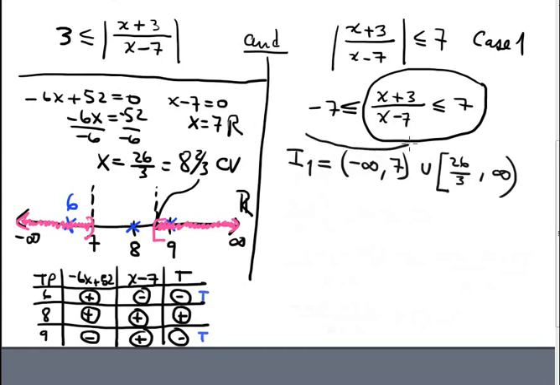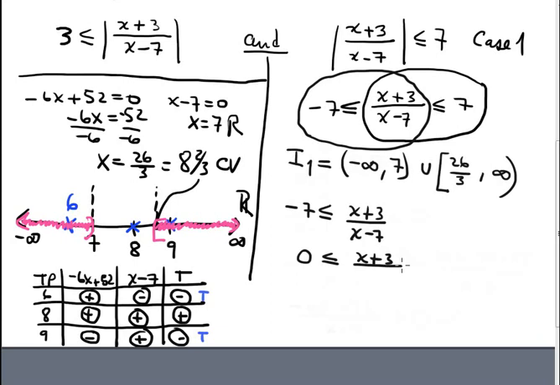The second part is negative 7 less than or equal to x plus 3 over x minus 7. You write it like that: 0 less than or equal to x plus 3 over x minus 7 plus 7.